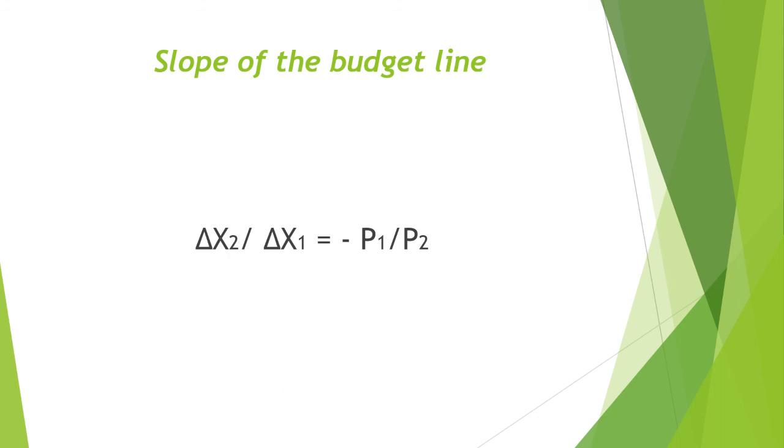The slope of the budget line will always be a negative number because it slopes from left top to right bottom. The slope of the budget line shows the price ratio of two goods, that is delta x2 divided by delta x1 equals minus P1 divided by P2.